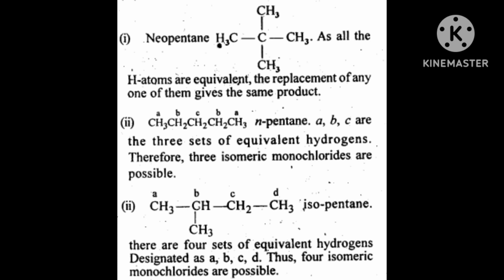The replacement of hydrogen atom or atoms in a hydrocarbon, aliphatic or aromatic, by halogen atom or atoms results in the formation of alkyl halide, also called haloalkanes, and aryl halide, also called haloarenes, respectively. Again, listen carefully.